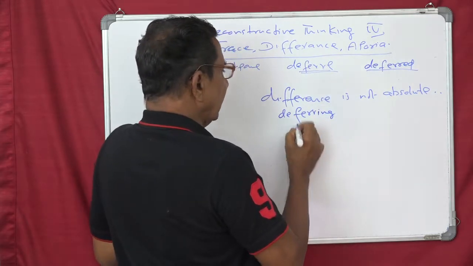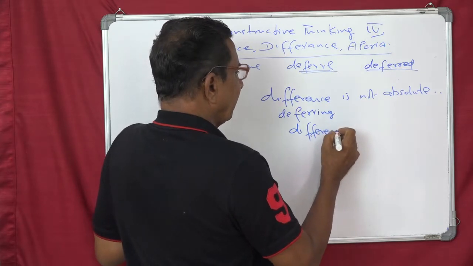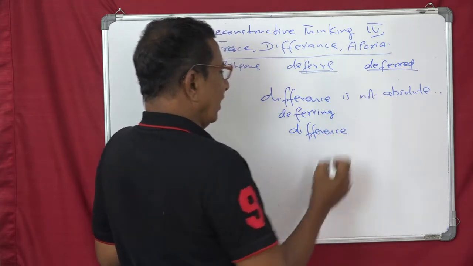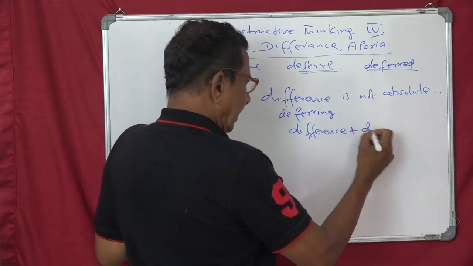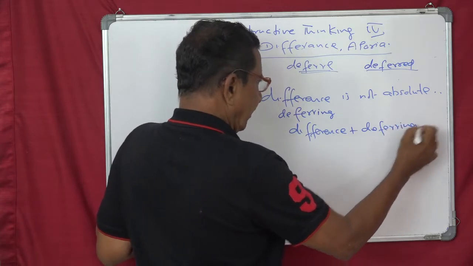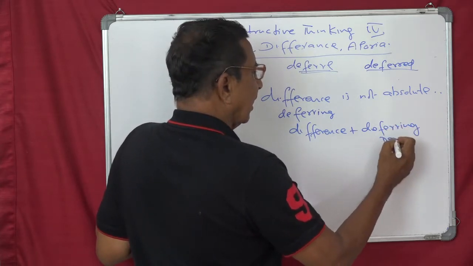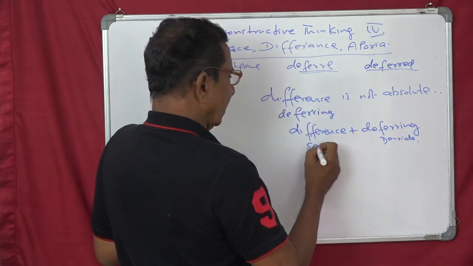So, the difference of Saussure plus the deferring of Derrida. This is Saussure.